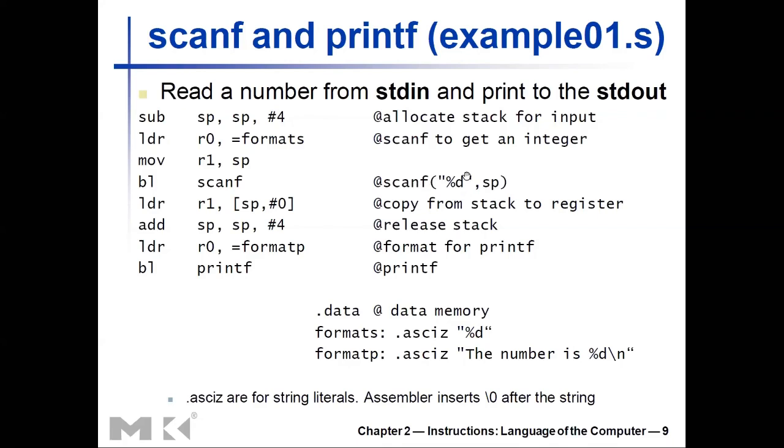You specify the format of the input that you are reading. So you use %d if you are going to read an integer, and if it is a character, you have %c, and things like that, you already know. So that is the formatting string, the first argument to this scanf function.